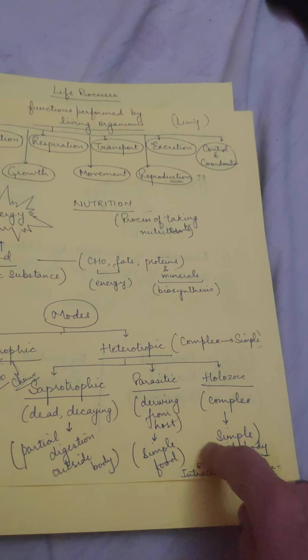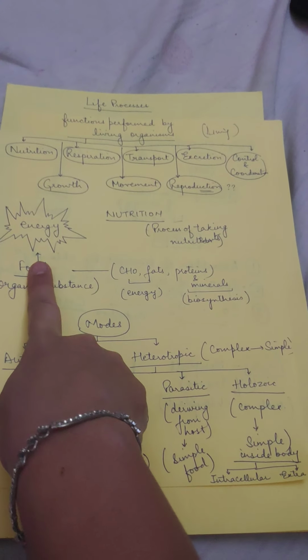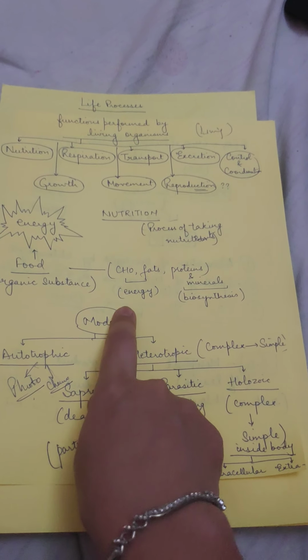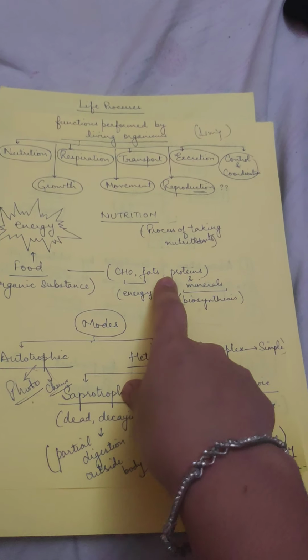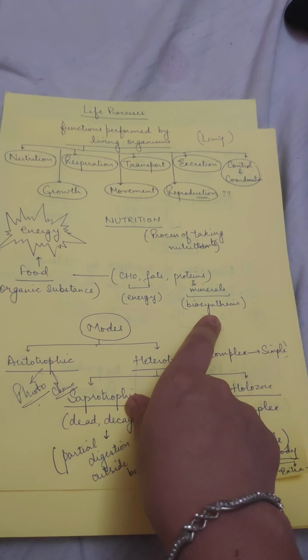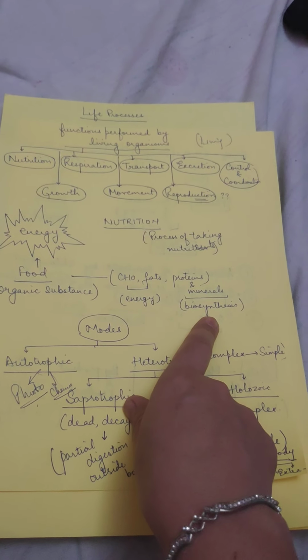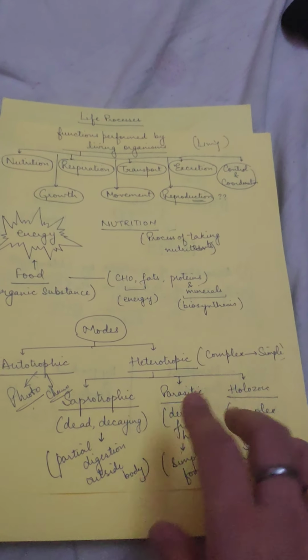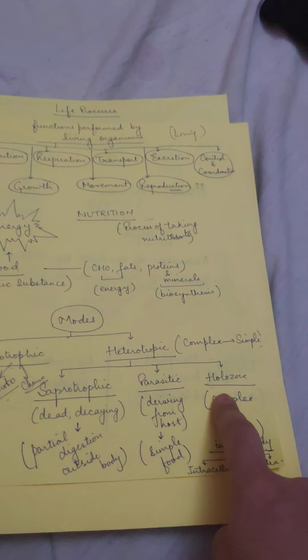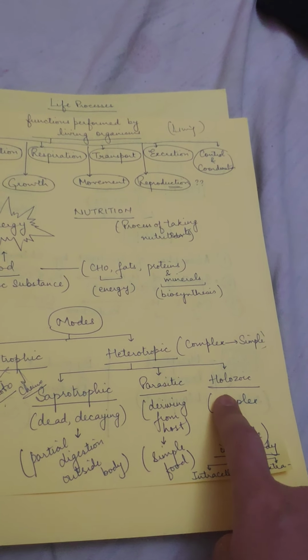The simple food is then utilized either to get energy, like carbohydrates and fats, or, like proteins and minerals, for biosynthesis of various nutrients or structures in their body like blood, cells, muscles, etc. So the organisms in this category are working a lot.